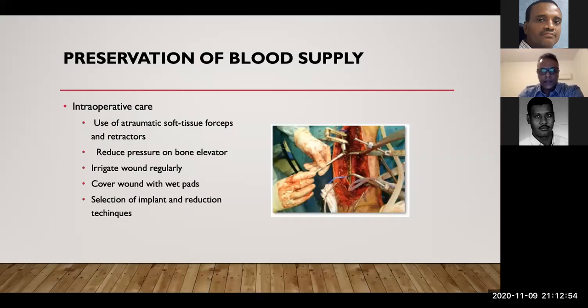Reduce the pressure from the bone elevator, so this will help not to destroy the blood supply. Use frequent irrigation of the wound. If you're not using part of the wound, always cover it with a wet pad, and select an implant and a reduction technique which doesn't interfere, or interferes less, with your blood supply.